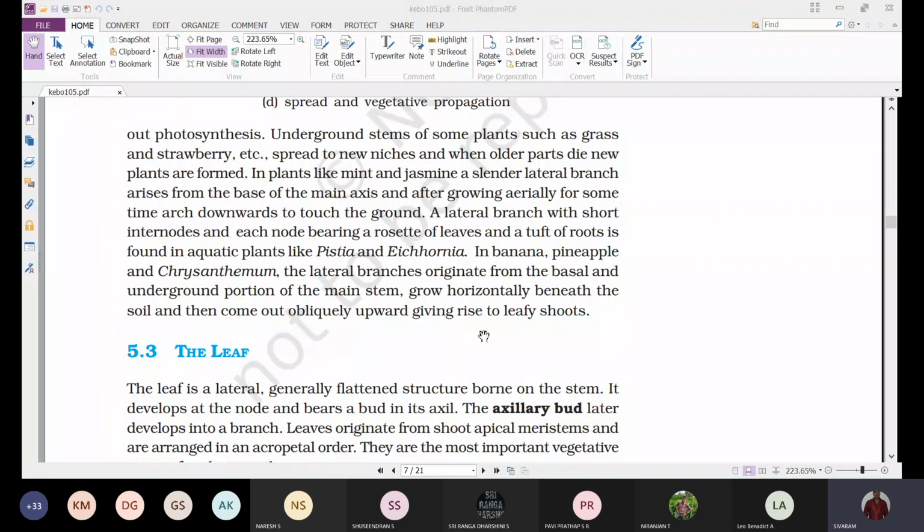And in some, the underground stems help in vegetative propagation in the form of runners, suckers, stolons, offsets. These are the different types of modifications of a stem.